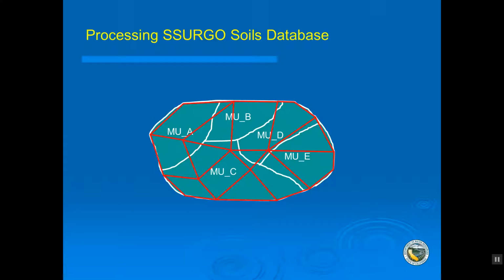So here's the problem. Not the problem, but the source of the neck pain. So you have your county, okay, and you have your, I think these are map units.